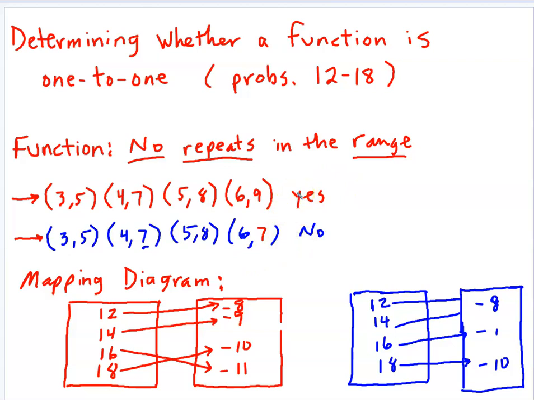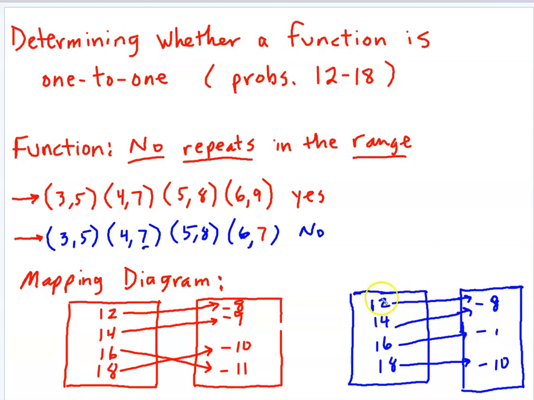And that could also be shown using a mapping diagram. So the red mapping diagram shows unique pairings for x and y. Every x has its own y, and that's what it means to be one-to-one. However, over here, arrows got erased.